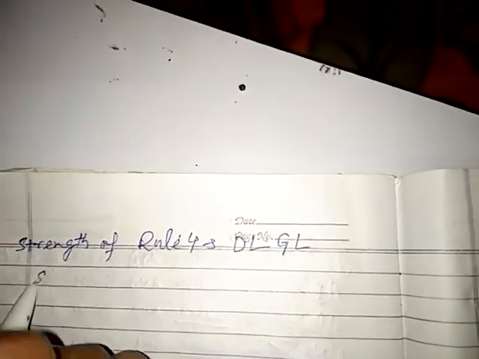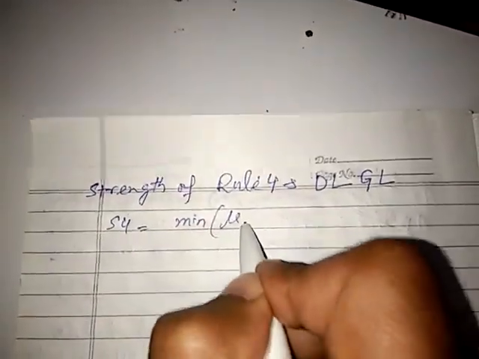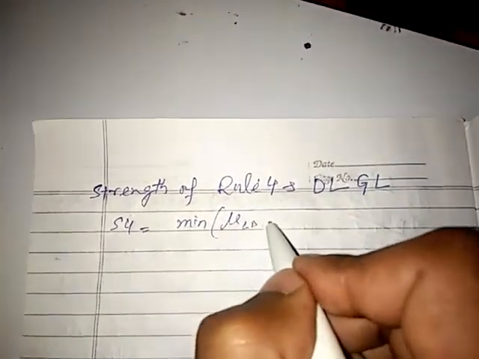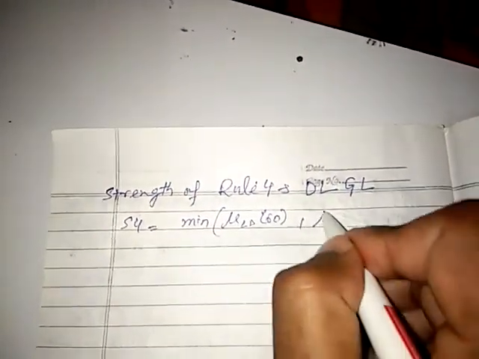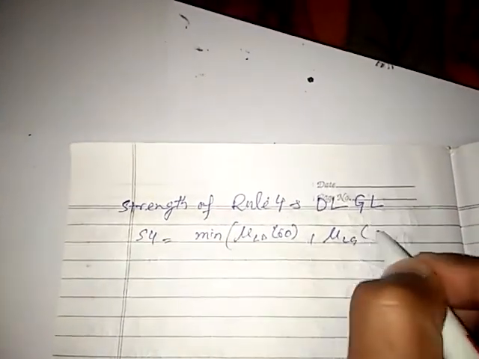Here for rule number 4, S4 is equal to the minimum of mu large dirt(60) and mu large grease(70). The values are 1.5 and 2.5. Here the minimum value is 1.5.